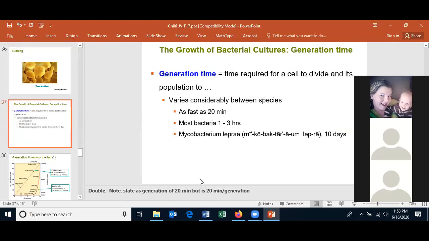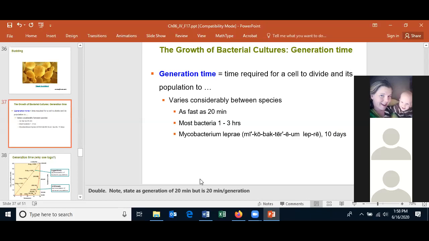This varies considerably depending on the species. Some bacteria can grow as fast as 20 minutes, like E. coli, when it's growing its fastest, taking only 20 minutes for the one cell to divide into two. Most bacteria, at least the ones we grow in the lab, grow between 1 and 3 hours. So it'll take them between 1 and 3 hours to double.